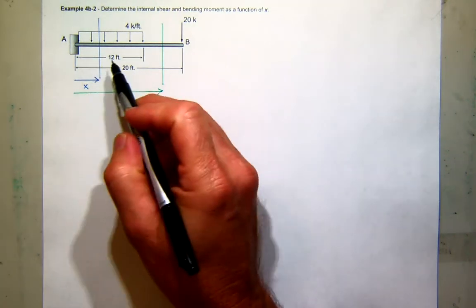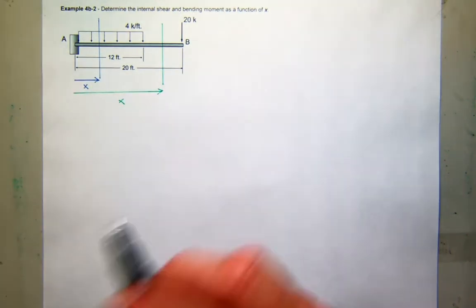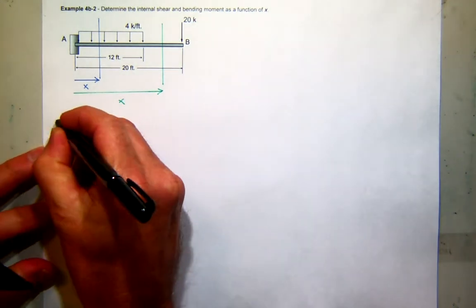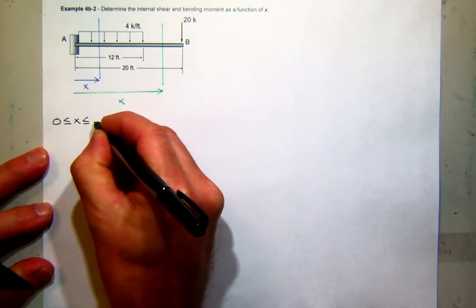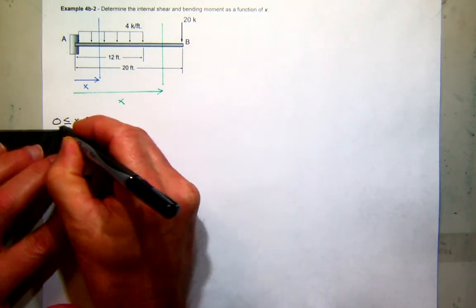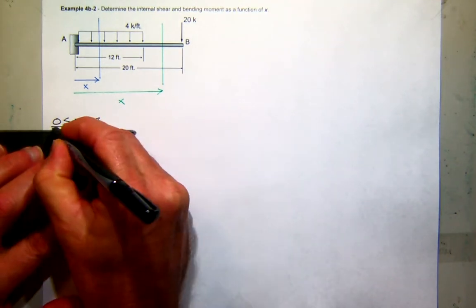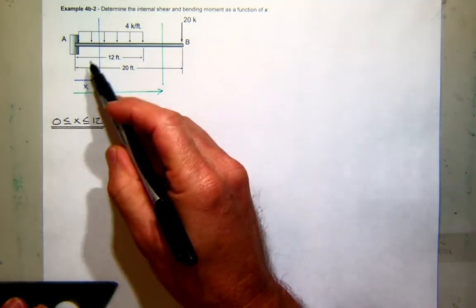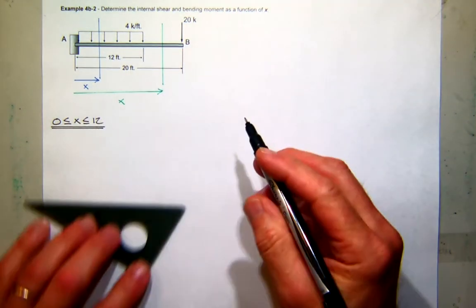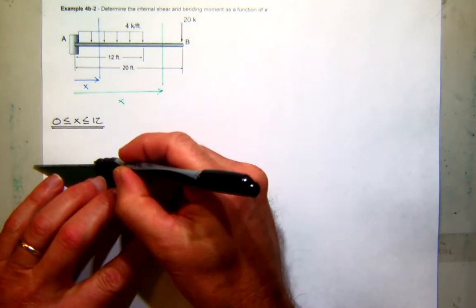So let's start with the first set of equations, which are valid from 0 to 12. So what I like to do is just put a little note to myself: hey, this equation is only good between 0 and 12. Okay? And I'm going to look at the right-hand free body. So let's see if I can draw that.